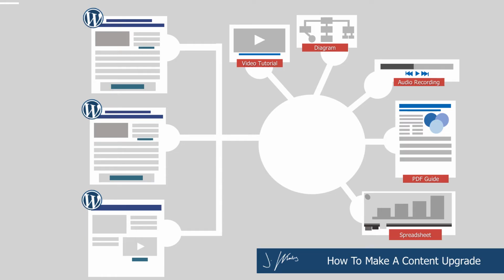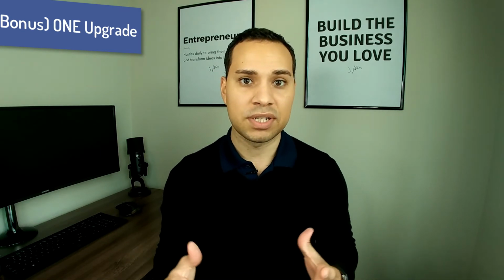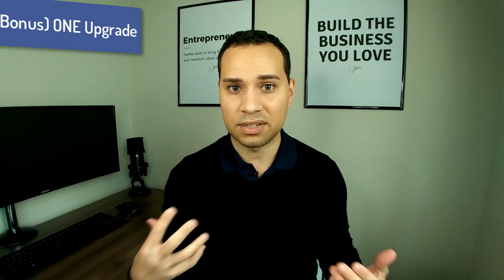Now, that pro tip I talked about in the beginning is actually gonna fly in the face of everything I just talked about in terms of making sure you have one piece of content for one content upgrade, and that is making a general content upgrade in the beginning. Because if you are really focused on content mode, you're putting out a lot of content, chances are you don't necessarily have the time or energy to put together a bunch of individual pieces of content.